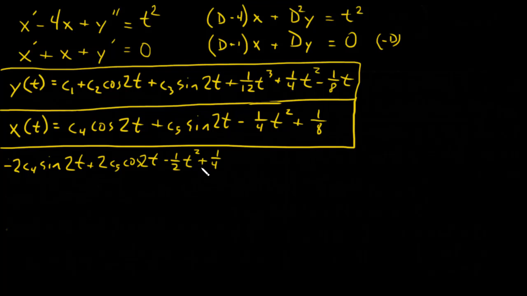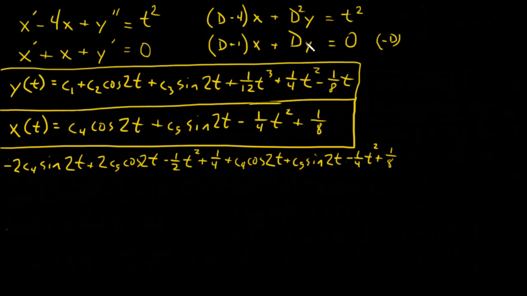That was the derivative. Now I'm going to add the original, so plus C4 cosine 2t plus C5 sine 2t minus 1/4 t squared plus 1/8. Okay, so that's this part.